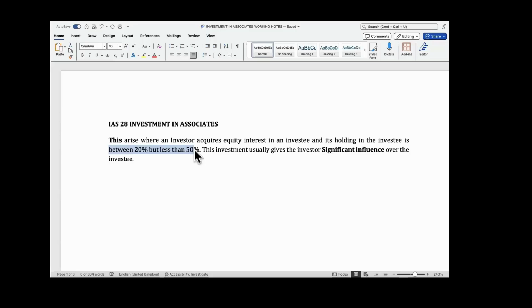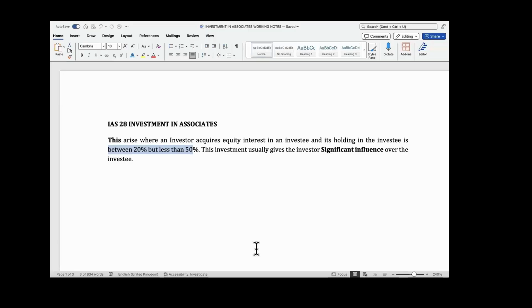All these can also demonstrate that the investor has significant influence over the investee.